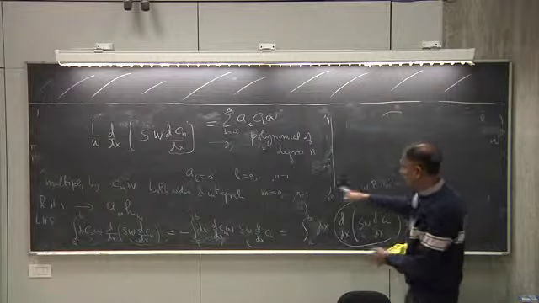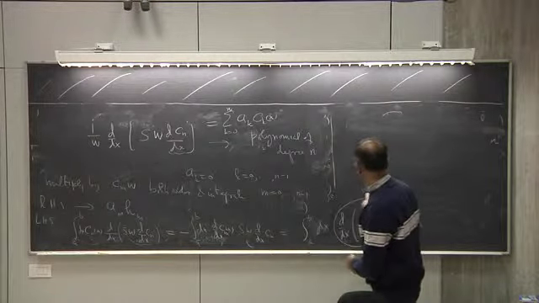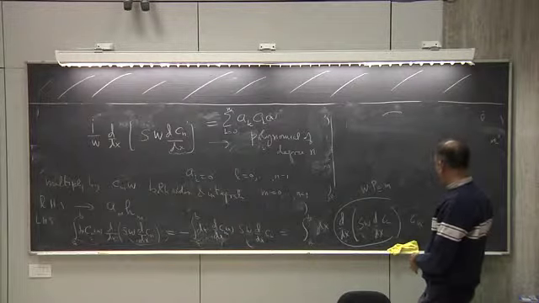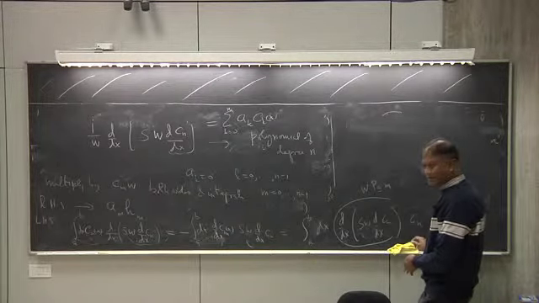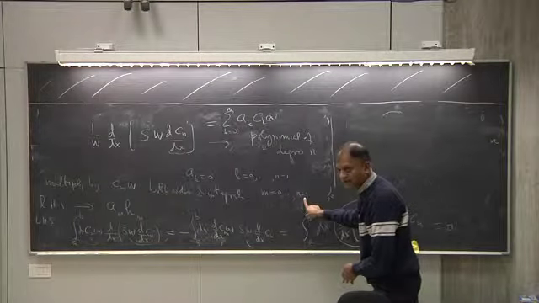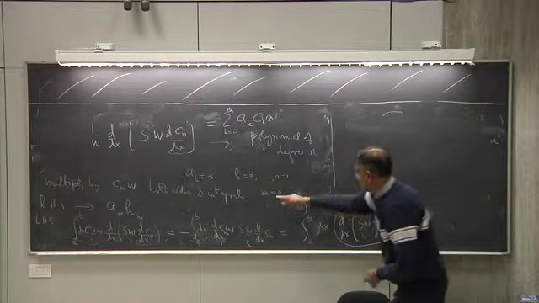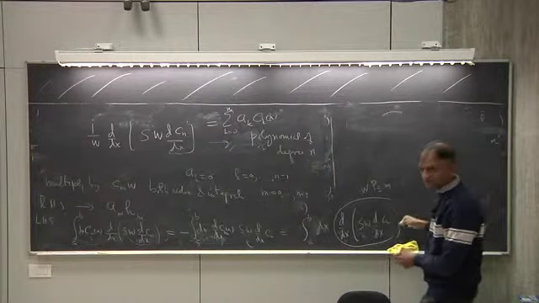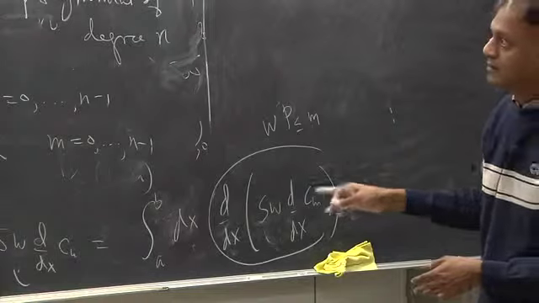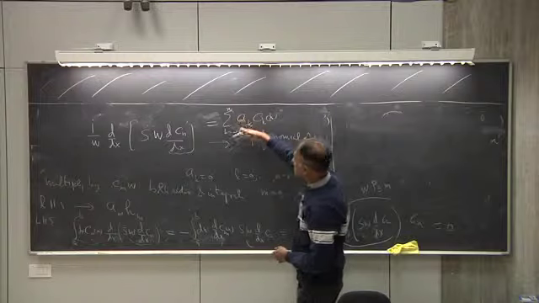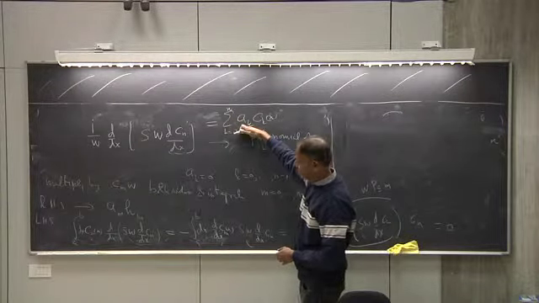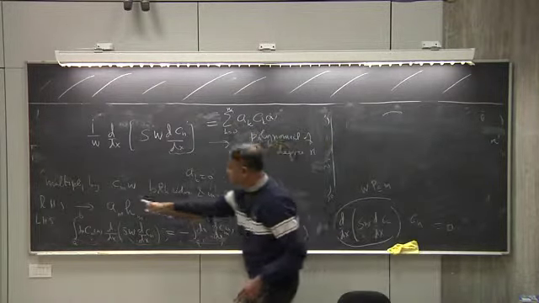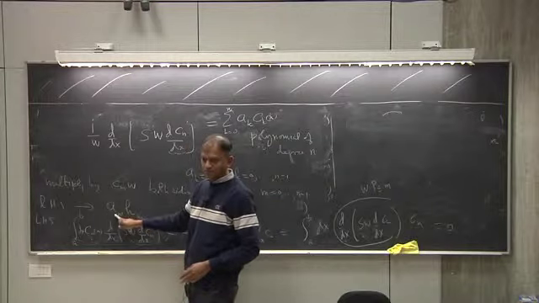But for m between 0 and n minus 1, this will be 0. Only when m equals n will it be non-vanishing, since then this is an nth degree polynomial, and that's not 0. But the point to show here was that all the lower terms vanish, because the left-hand side is that and the right-hand side is 0, and since h_m is not 0, that means a_m is 0.